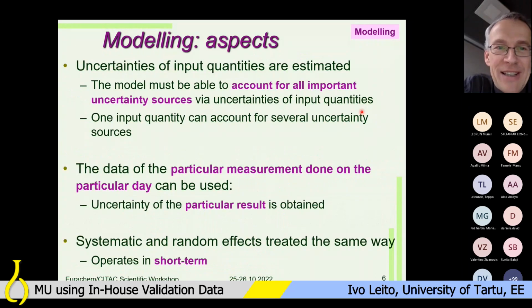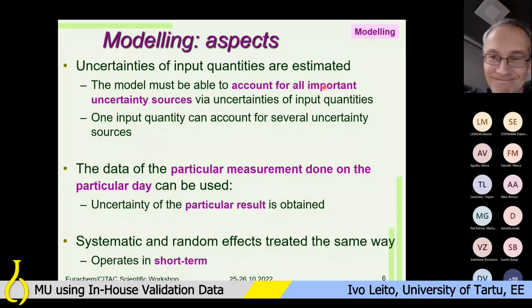Now, the important aspects here are the following. First of all, you need to estimate uncertainties of input quantities, and your model must be built in such a way that all the uncertainty sources, or actually to be exact, all the important uncertainty sources, are in some way represented by uncertainties of input quantities.